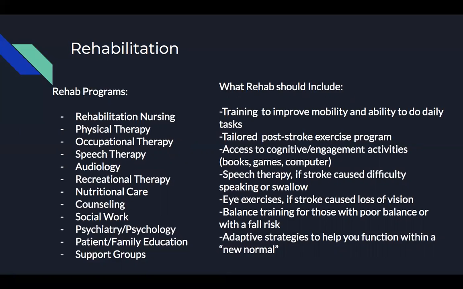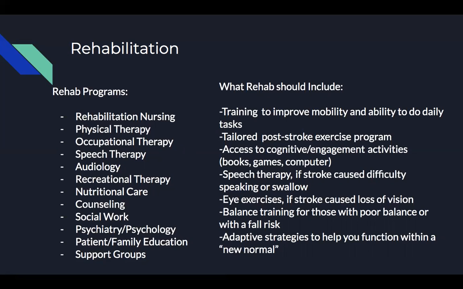So rehab should include training to improve mobility, ability to do daily tasks, tailored post-stroke exercise programs, access to cognitive engagement activities such as reading books and playing games, and speech therapy if stroke caused difficulty speaking or swallowing.